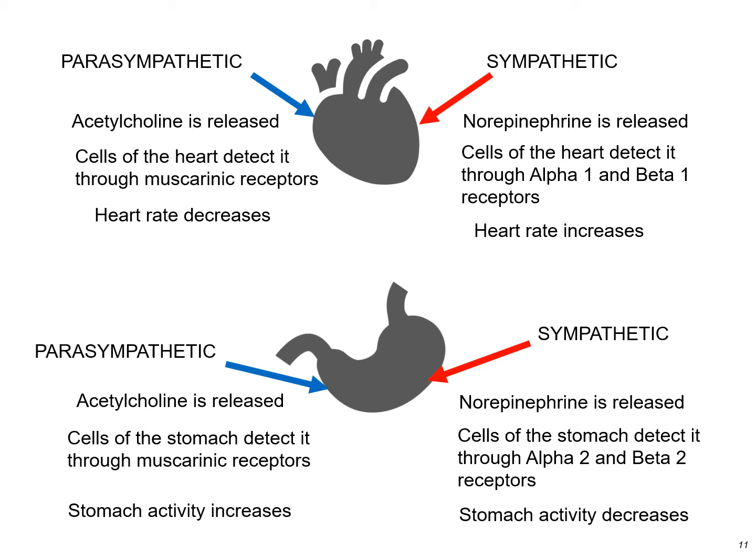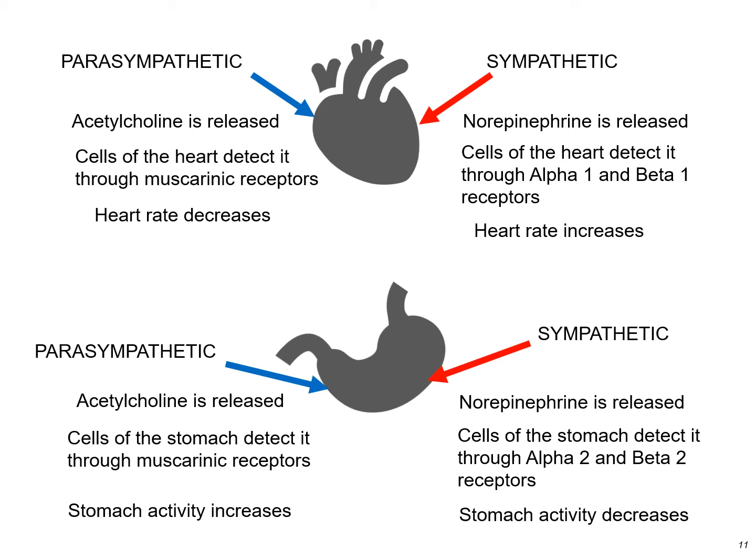Who in their right mind could possibly decide which organ gets which set of receptors? During embryonic development, the group of cells that decide, hey, we want to be heart cells, will start a genetic program that will make alpha 1 and beta 1 receptor proteins inside those cells.